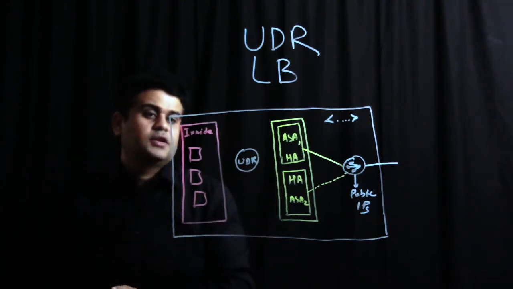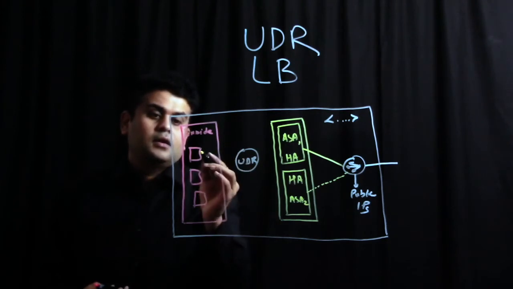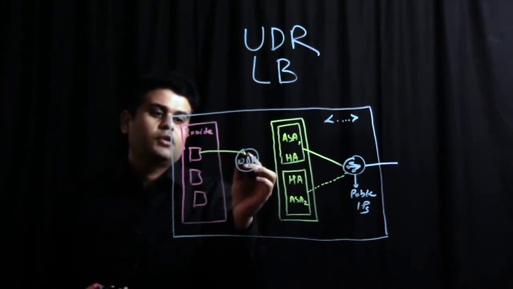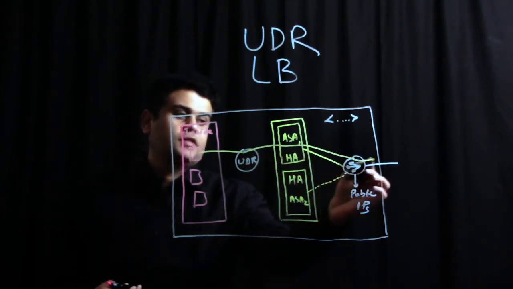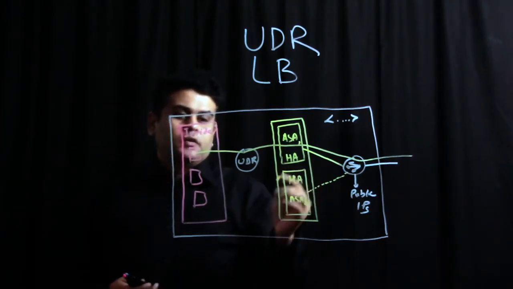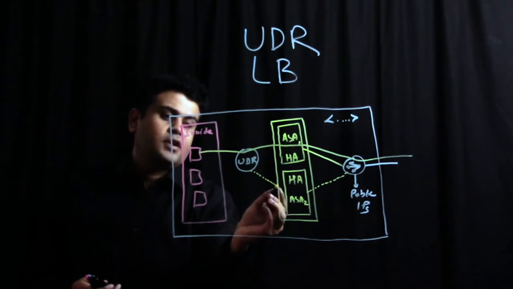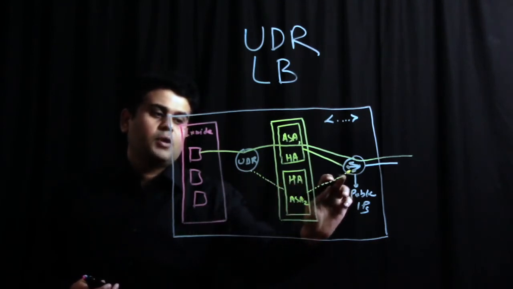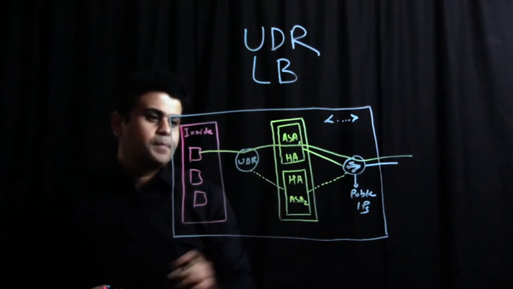So the current traffic flow is: traffic from workloads will hit UDR. UDR will look at the route table and forward it to one of the ASAs available in the pool. And that way it will go to the internet. Now, let me create a dotted line for my secondary path. So this is our secondary path, which is marked as a dotted line.